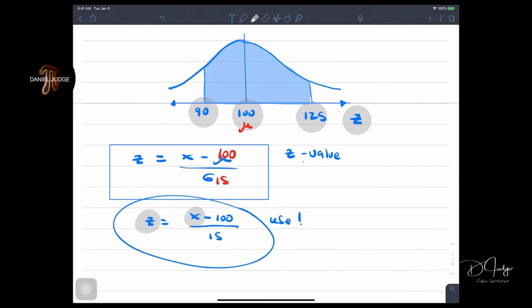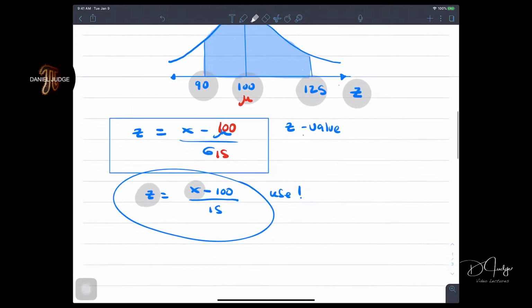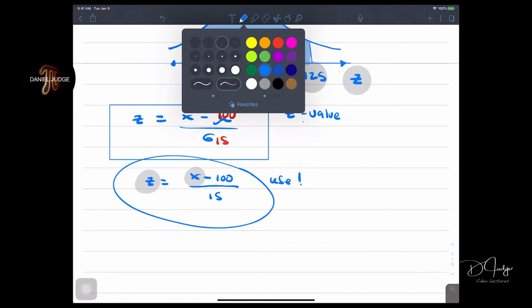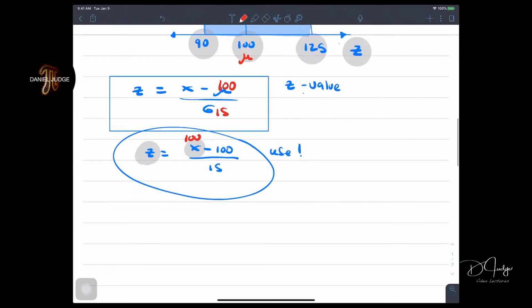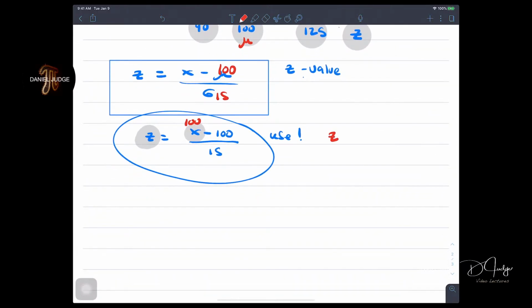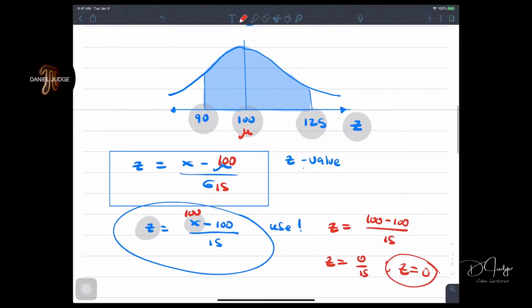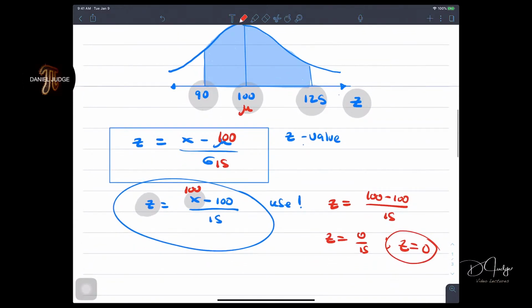I want to start off with the center, mu. Since mu is 100, plug in 100 for x. You get 100 minus 100 over 15, so z is 0 over 15, and the z value is actually 0. Even if you say, wait, is that true in general?